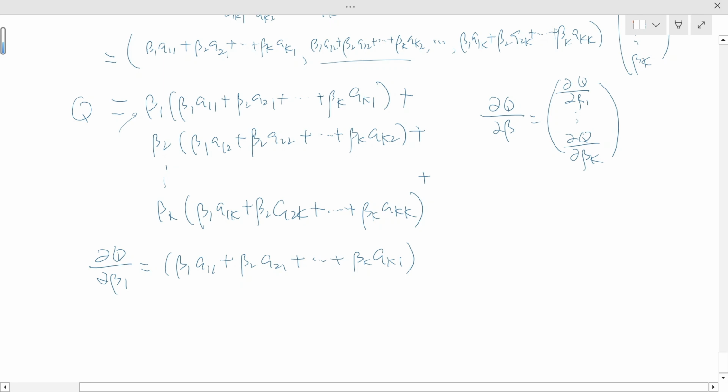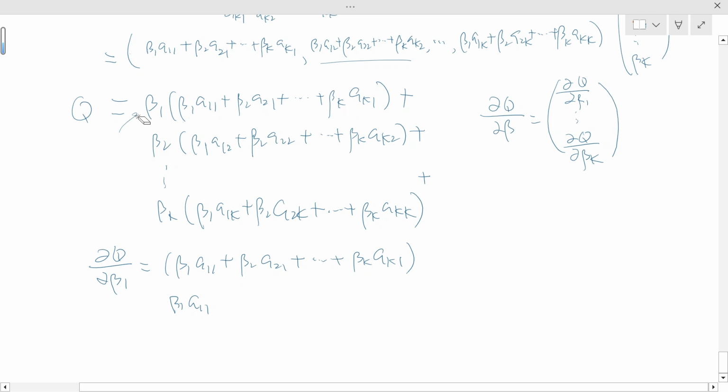Then we have a beta 1 here. When we differentiate with respect to beta 1 inside the bracket, we get A11, times there's a beta 1 outside the bracket, so it's still beta 1 A11. And there's no beta 1 in here, so we can ignore them.